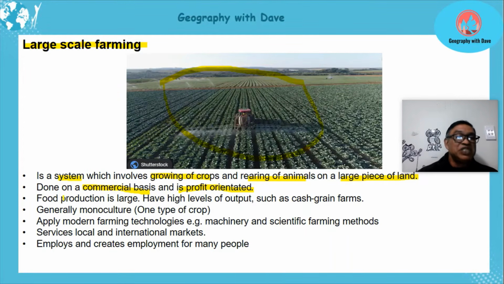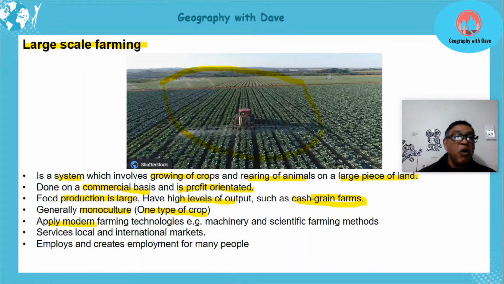Right. Food production obviously will be large, high levels of output. Example, cash grain farms, which produce these grains to be sold. So production is large. Lots of tons, thousands of tons of crops, etc. It's generally monoculture, one type of crop, because they want to focus on one to maximize their profit. Sometimes you can get two, but generally it is monoculture.